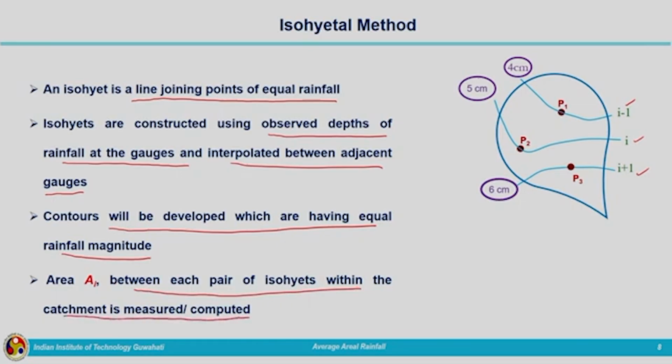That area is measured or computed. We are having different areas between each isohyet like this: A1, A2, A3, A4. Based on the data provided by the rain gauges, we will be connecting the points which are having equal rainfall depth, and that way we will be producing the isohyets. Between two consecutive isohyets, we will be having a certain area, and that area can be measured.